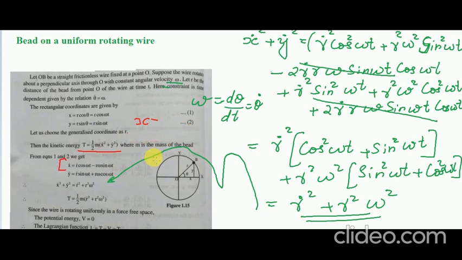So y dot will be r dot sin omega t plus r, the differential of sin omega t is cos omega t, times omega also will come. So y dot equal to r dot sin omega t plus r omega cos omega t.